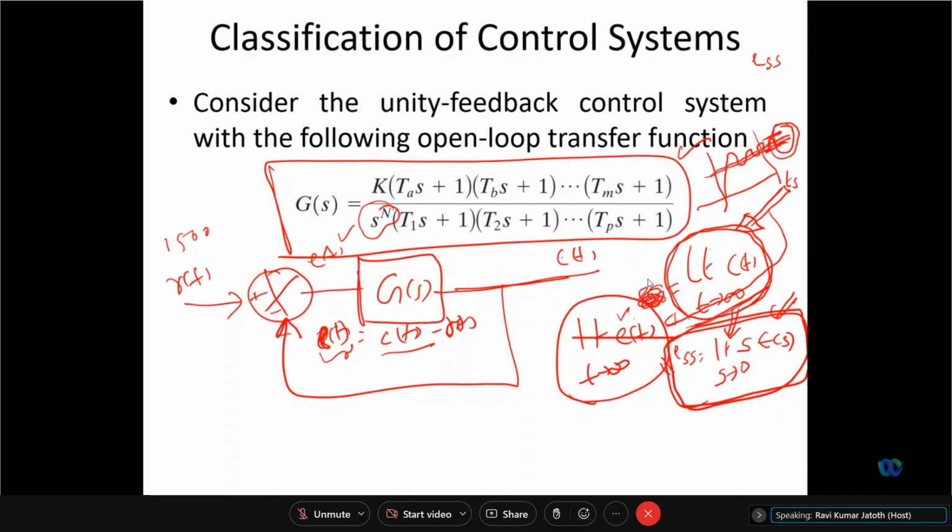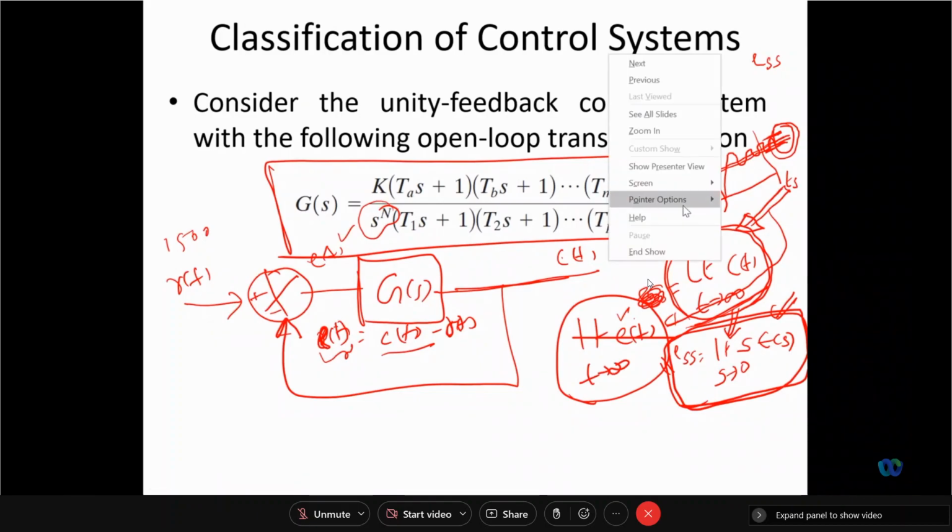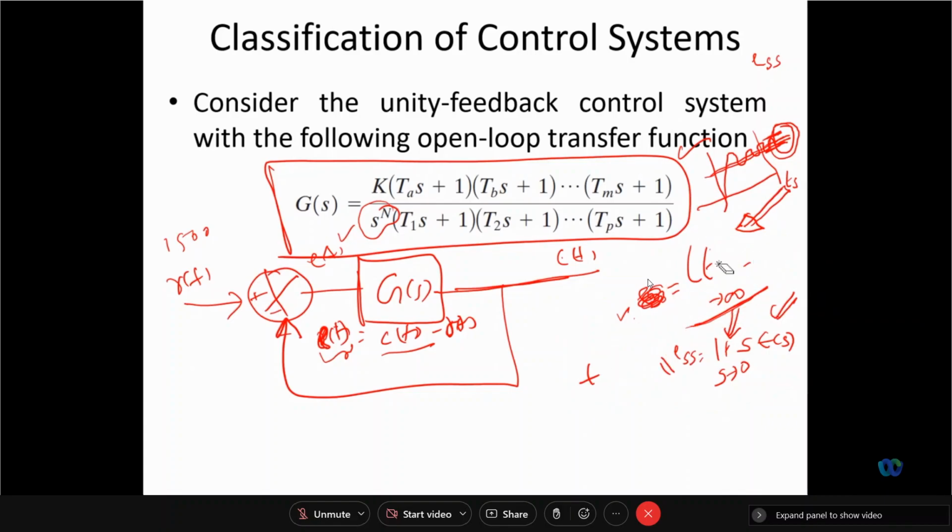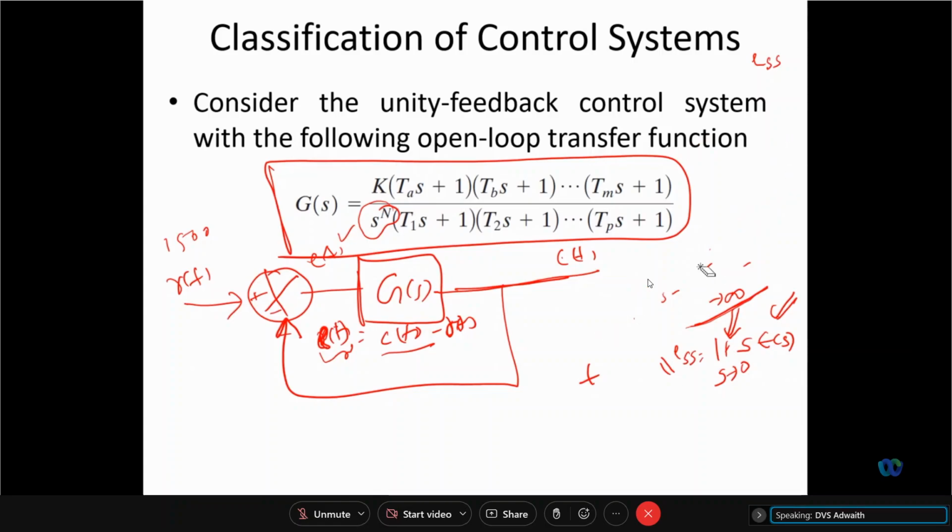Now, how do you define the order of a system? Now we are discussing second order system. Means what? The maximum degree of the polynomial s in the denominator term.